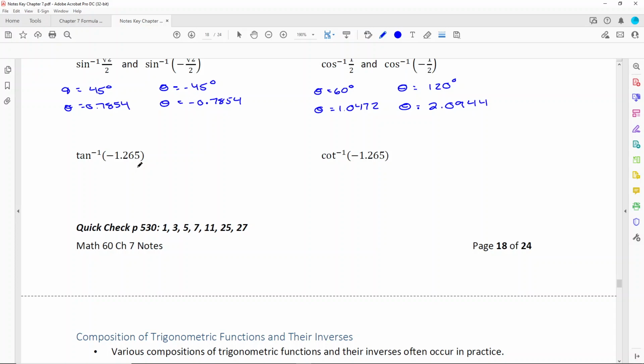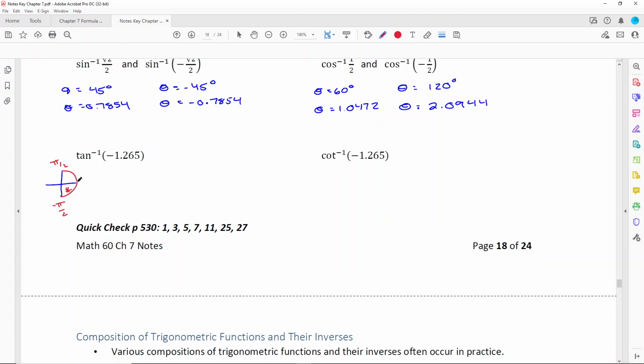So if I just plug in the inverse tan, my calculator is in degrees. So inverse tan of negative 1.265. Before you hit equals, I want to think about where I'm expecting my answer. My restricted range is from negative pi by 2, or negative 90, up to 90. Because this is negative, my answer should be here.